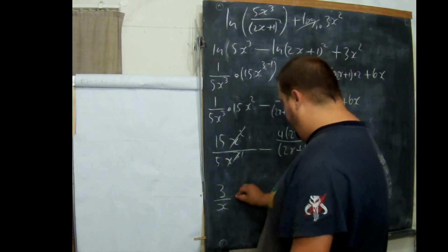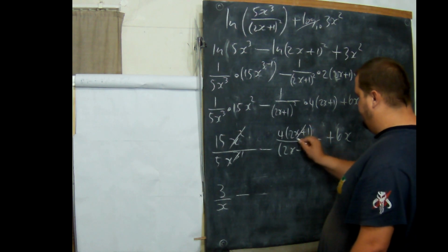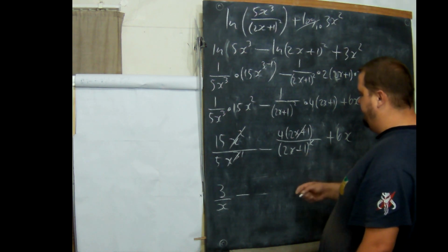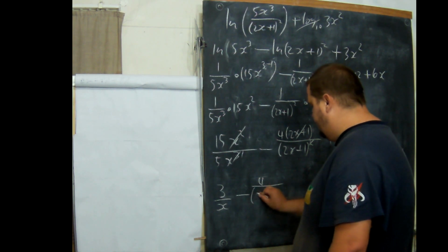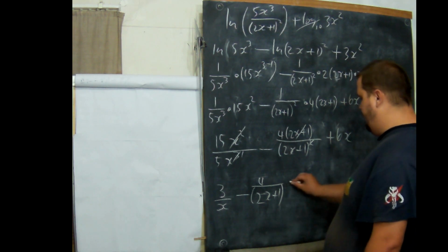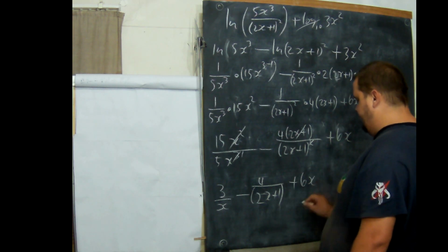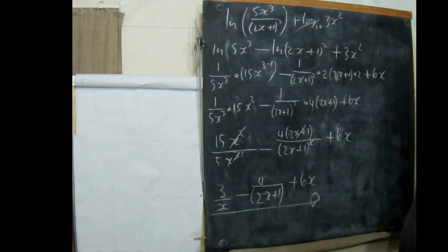Now, minus: this cancels with one of those, and you're left with just that. So it's 4 over (2x plus 1), plus 6x. And that is our sum.